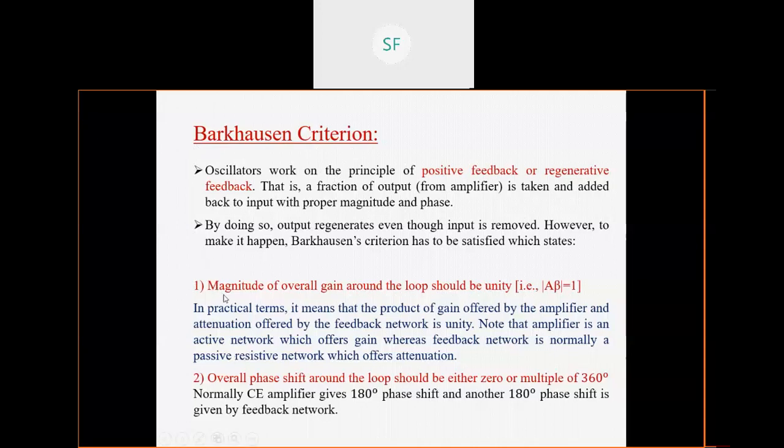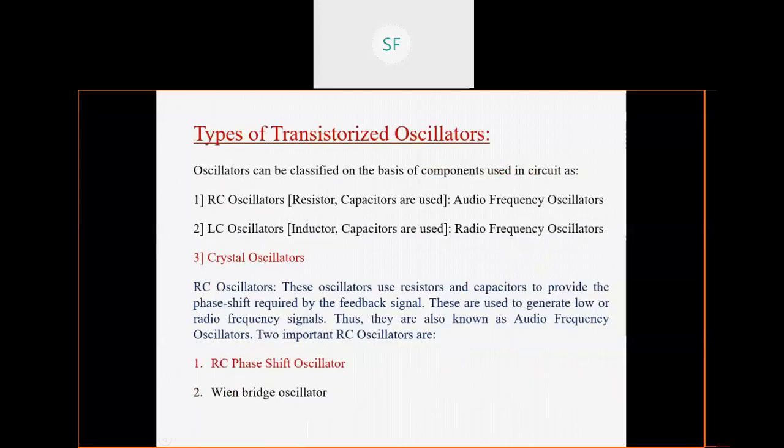First condition is of magnitude, that is mod of A beta should be equals to 1. This condition you need to satisfy. And then second condition is regarding phase shift. So total phase shift around the loop should be either 0 or multiple of 360 degrees. Okay. So we will discuss more regarding this Barkhausen criteria in upcoming lectures.